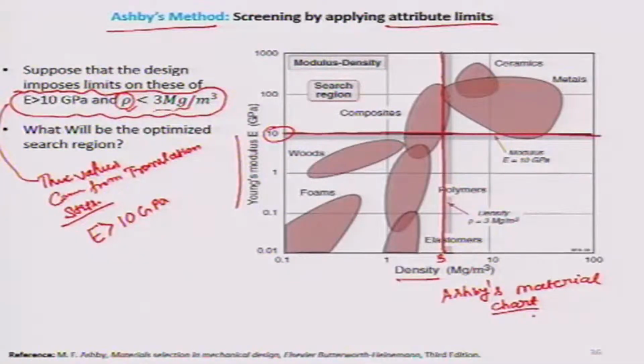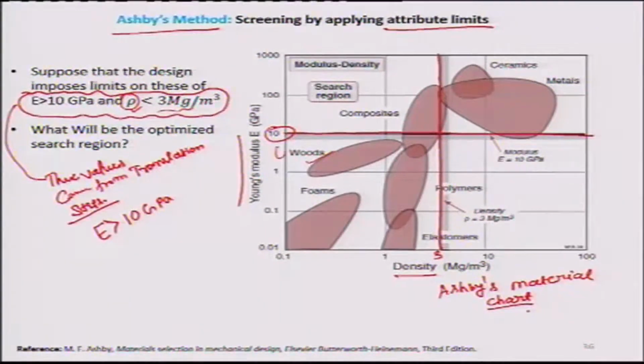Now you can see that in the material chart there are a variety of materials placed at different locations. Wood has around 8 gigapascal Young's modulus and its density is very low compared to polymers. Since density should be lesser than 3, our search region will be this one.